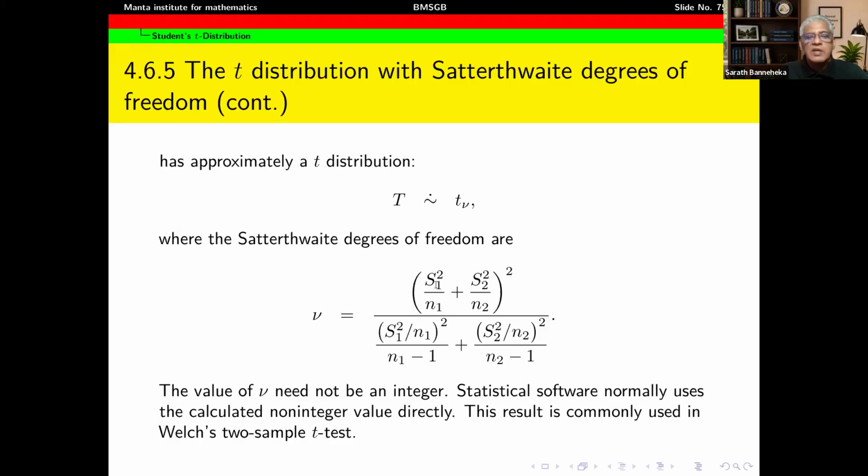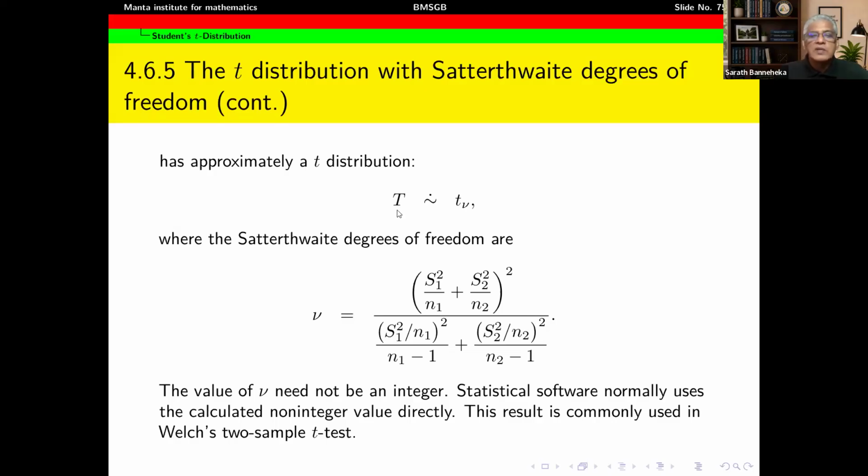In this case, this nu is a single value. Here, I should have used simple s1 square and s2 square instead of capital, because this is not a random variable. This is a constant. So that constant is obtained using the observed sample variances from the first sample and the second sample, with the corresponding sample sizes.